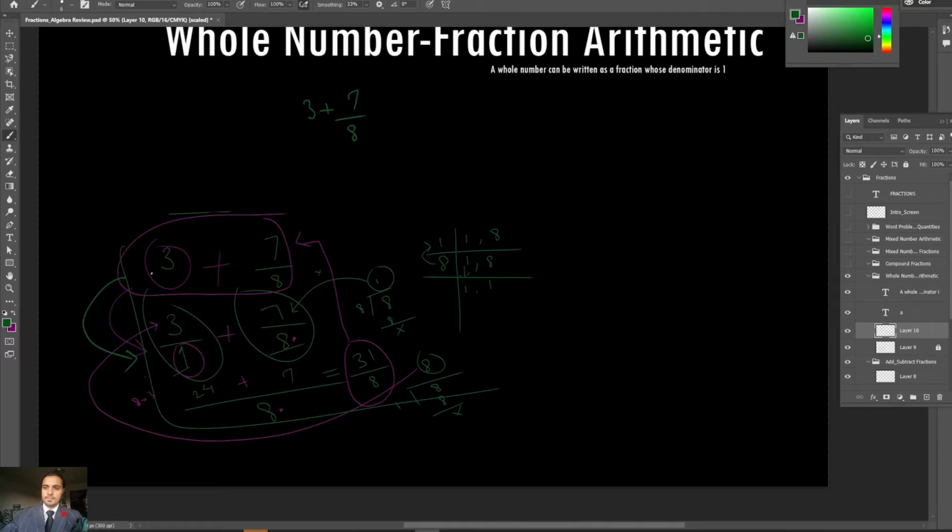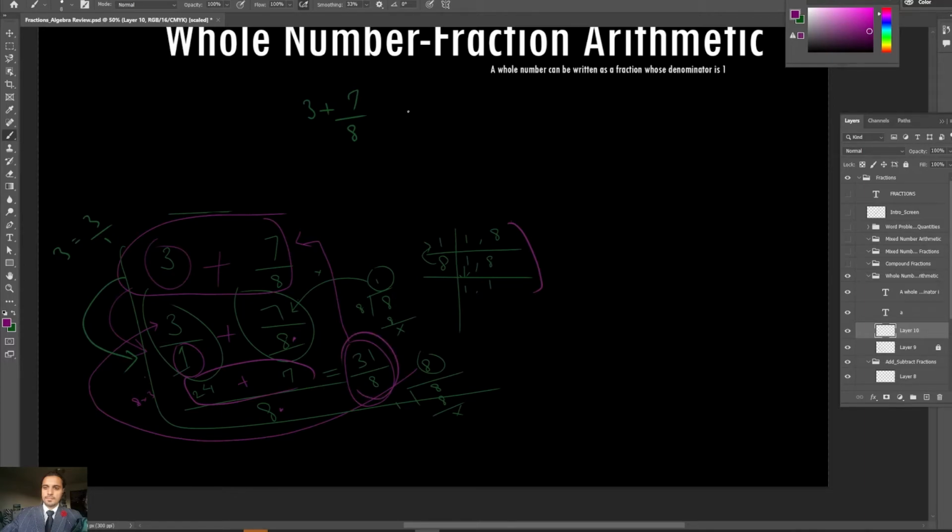So 3 over 1 and 3 are equal. 3 equals 3 over 1. They're the same thing. So I wrote it as a fraction, and then I just did what I learned about how to add two fractions. Just make the common denominator by getting the LCM, and then use that LCM to see how many times each of the denominators goes into the LCM, and then multiply that with the top numbers, the numerators, and you get these two numbers, and then you get 31 over 8. So now we know the answer is 31 over 8.